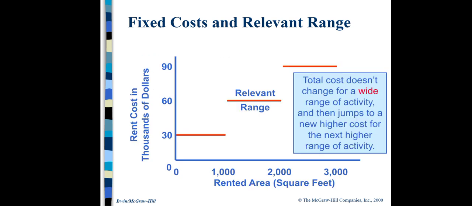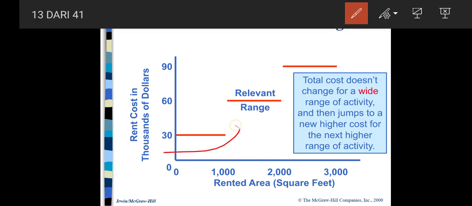This is the graph for this case. So the total cost doesn't change for a wide range of activity and then jumps to a new higher cost for the next higher range of activity. So this is the relevant range of fixed cost. Ya, this is the relevant range.